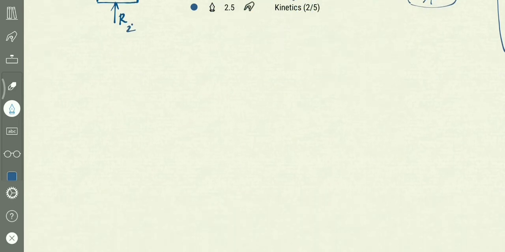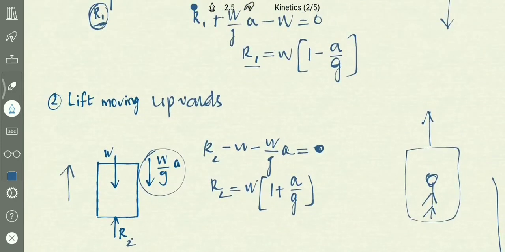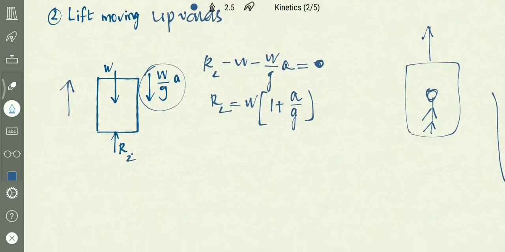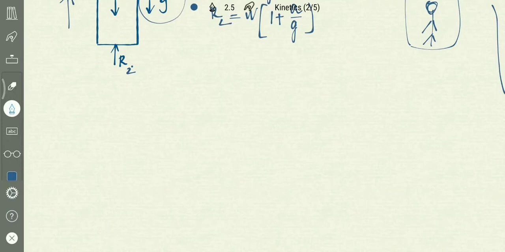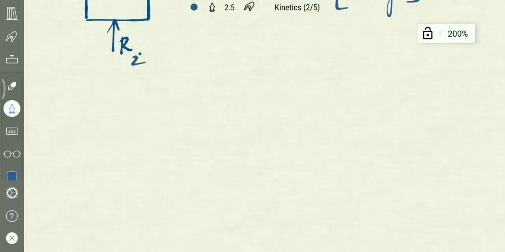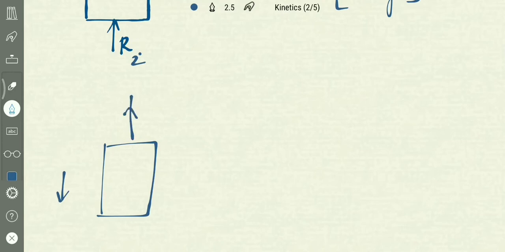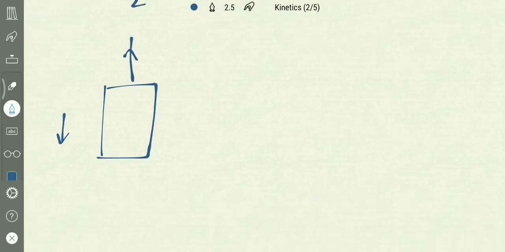Next, let us see. Sometimes it will be asked like this. If the lift is moving downwards, there will be a tension and there will be a person here.